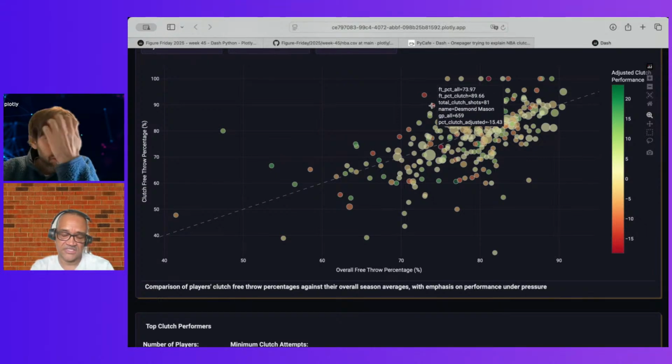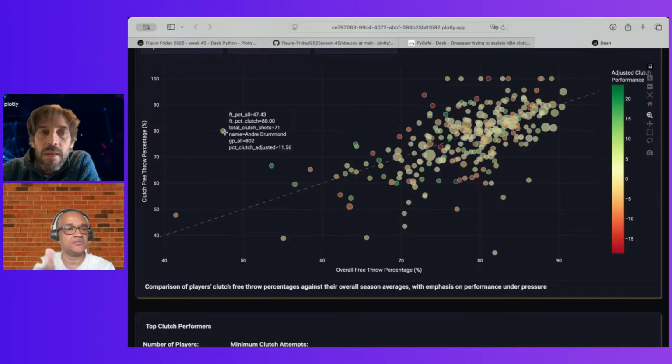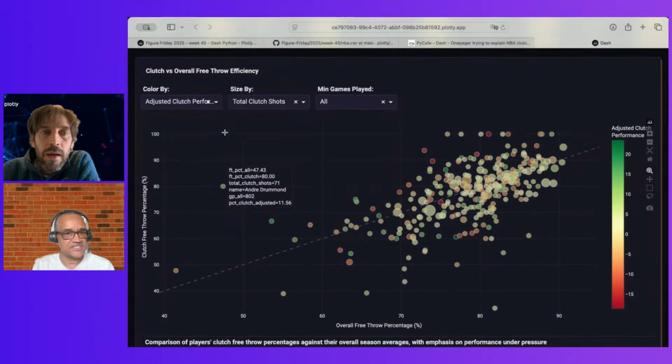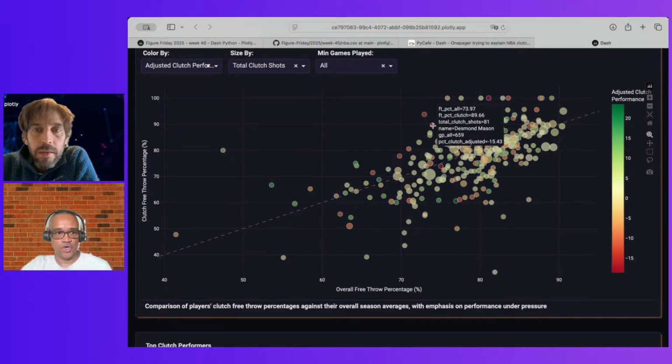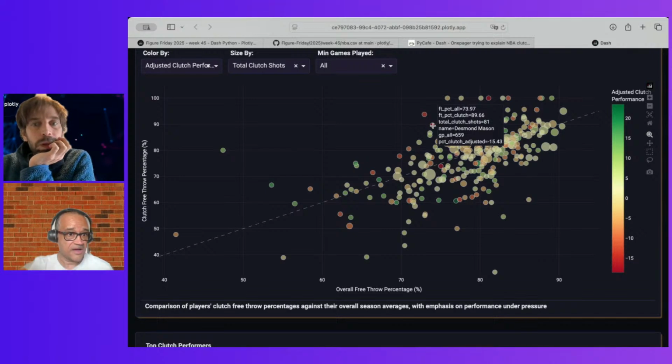There's the volume, because if you look at the top 15, you see David Lee, you see Bam Adebayo, players that basically don't take so many shots. You are comparing them in the same bucket as, for instance, LeBron, who has six or ten times more shots than these guys.